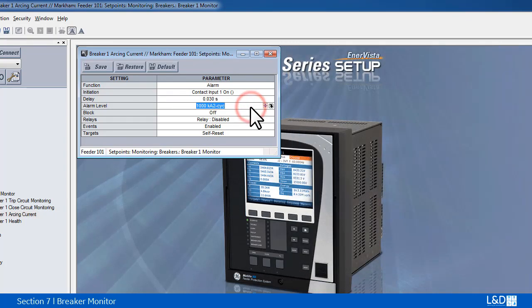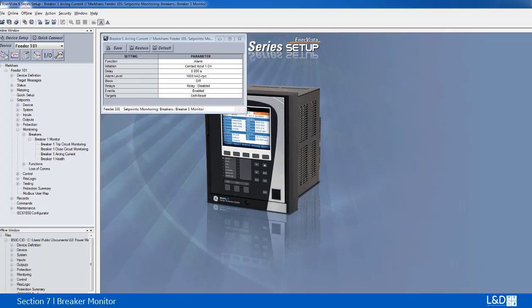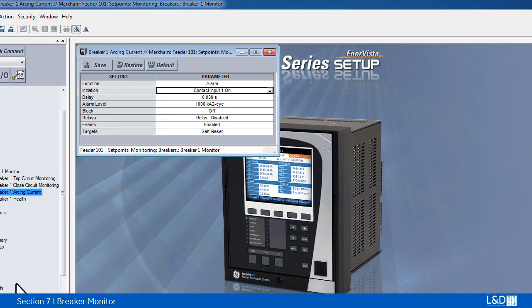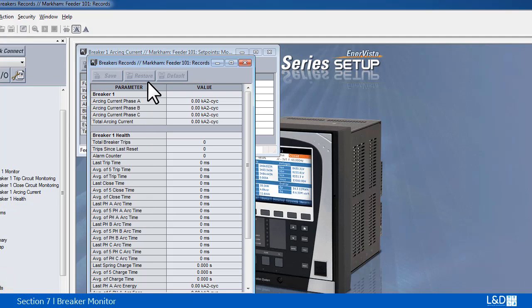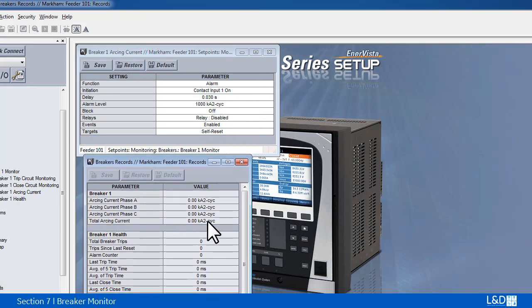Alarm level is total arcing current in kiloamps squared cycle. Check with the breaker specification to enter an accurate alarm level for this feature. The information on the arcing current can be found under the breaker report, which is under records, breaker records. So all the arcing current information is displayed here.